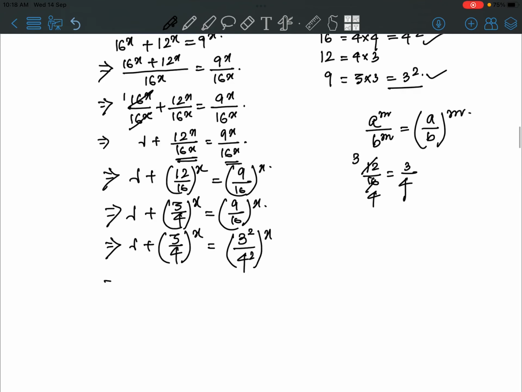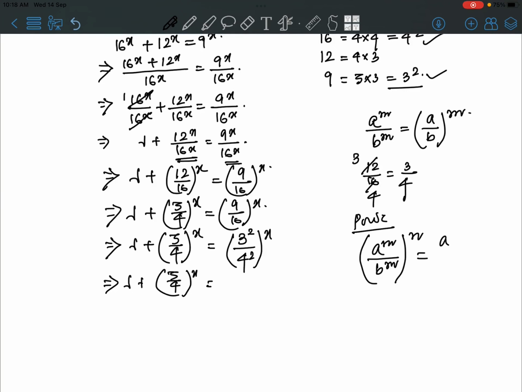Now which formula are we going to use next? The formula we are going to use next is the power rule. What is the power rule? The power rule is (a to the power m, b to the power m) whole to the power n can be written as (a to the power n, b to the power n) whole to the power m.